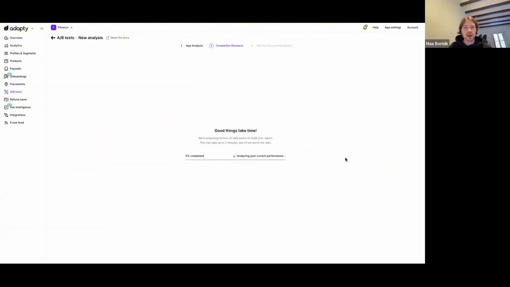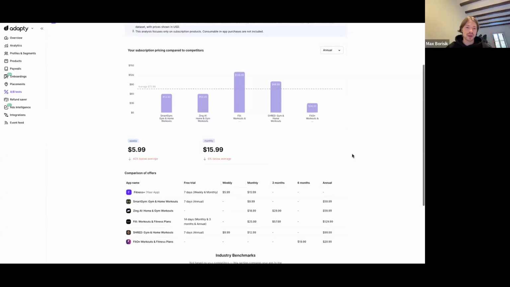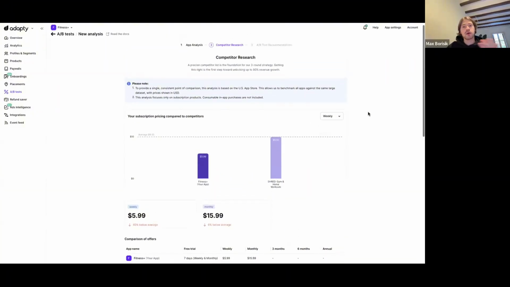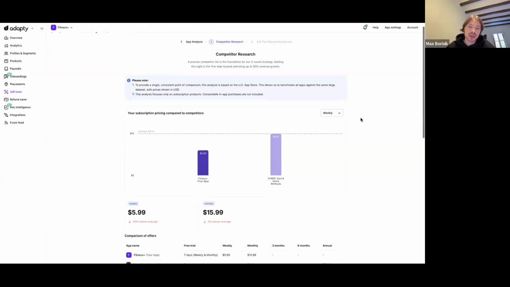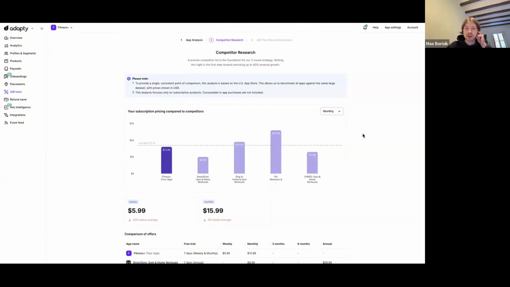And what happens here is that we get a kind of snapshot of the apps. And as you remember, we had the weekly and the monthly subscriptions in our paywall, in our app. And here we can see that, okay, not many apps in this market provide the weekly, only one app. And regarding the monthly, for example, lots of apps do it, but we can see that the average is a little bit higher than we are operating.